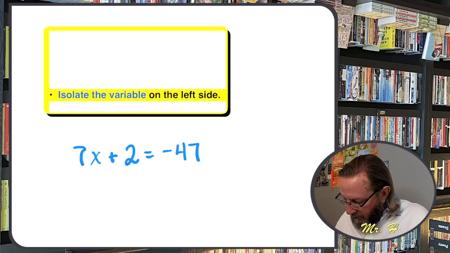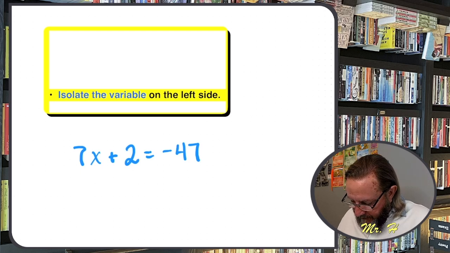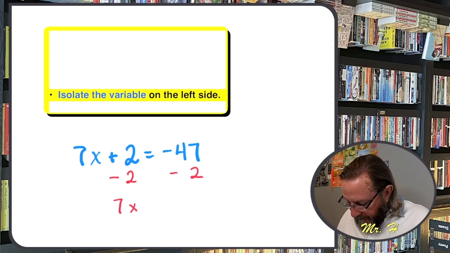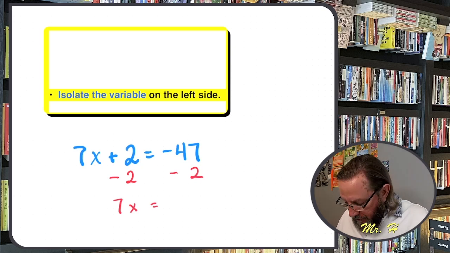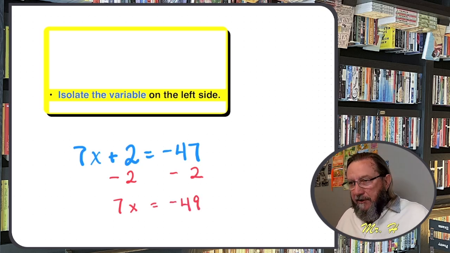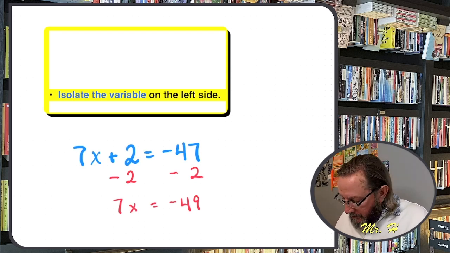We're going to work our problem by taking a minus 2 on both sides. That will leave us with 7x on the left-hand side, and on the right-hand side we've got a negative 47 and a negative 2. That's going to be a negative 49. Now how are we going to finish this off? We've got to get rid of that 7. The 7 is being multiplied. The opposite operation is going to be division.